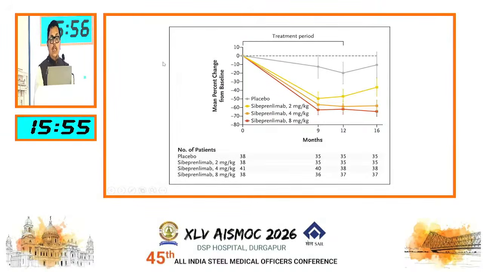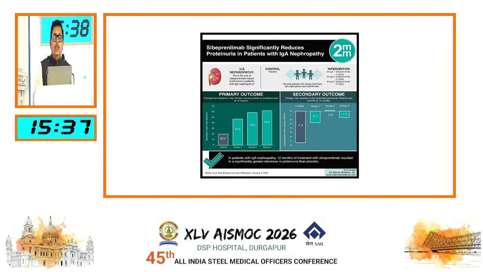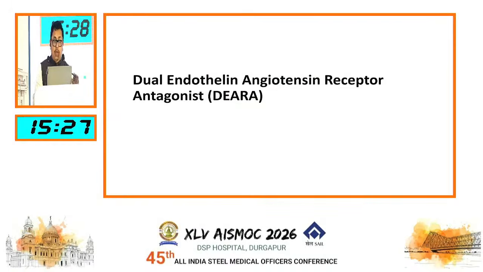If you see in this trial, as compared to placebo, different doses of sibeprenlimab, the 8 milligram dose has significantly decreased the protein creatinine ratio in active IgA nephropathy patients, and this drug was approved this year by the FDA for treatment of IgA nephropathy. So this is the way the rising dose of sibeprenlimab benefits the patient with IgA nephropathy, reducing the protein creatinine ratio and also slowing the GFR decline.